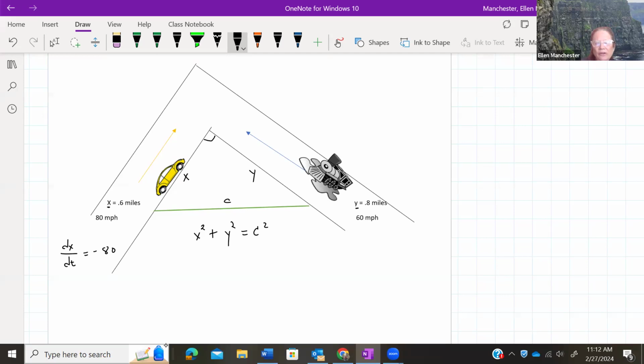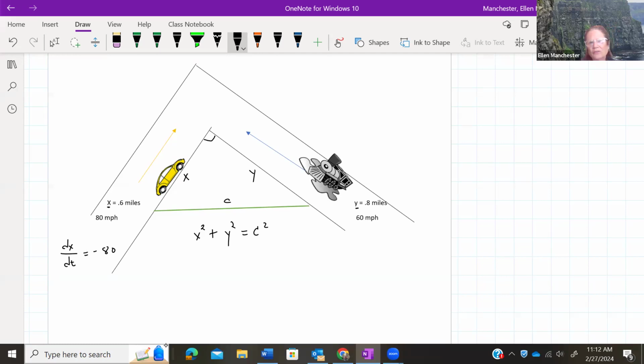Notice now I'm finding how this distance x is changing based on time. And then my distance, or the x, is 0.6.